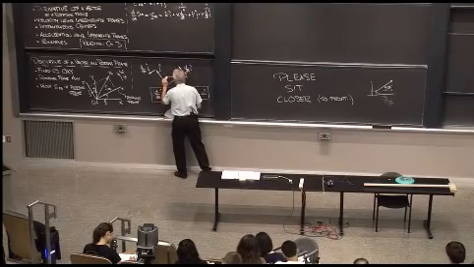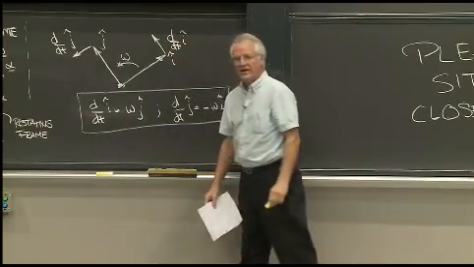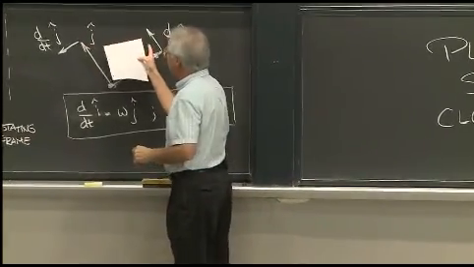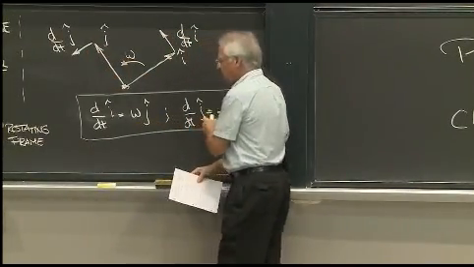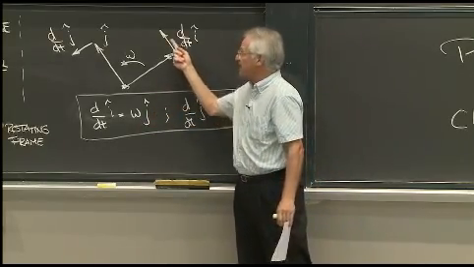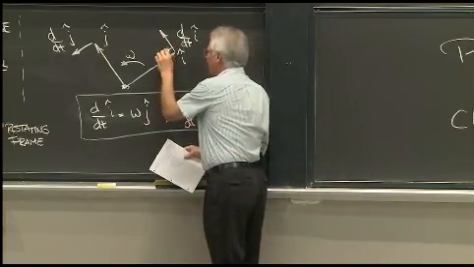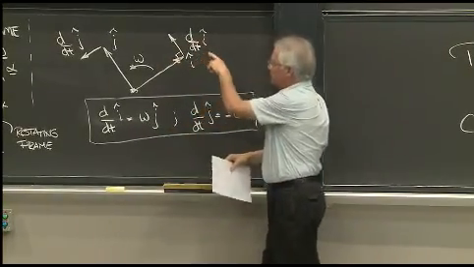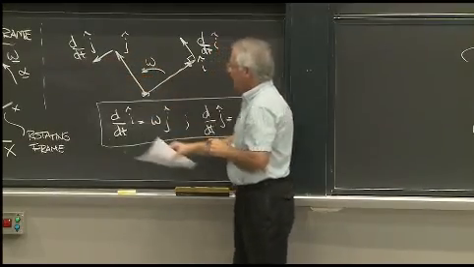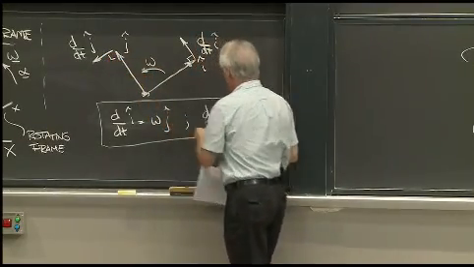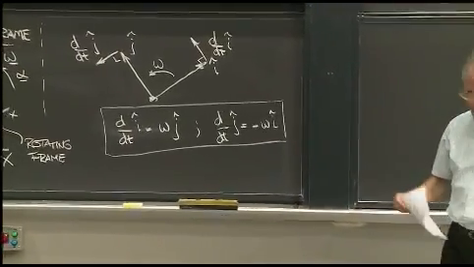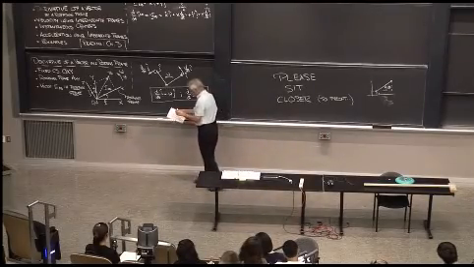The rate at which they're rotating is simply omega. So the magnitude of this vector and this vector are just given by these two expressions. d/dt of i hat has magnitude omega, and it's in the direction of j hat. Similarly, d/dt of j hat has a magnitude of omega, and it is in the direction of minus i hat.